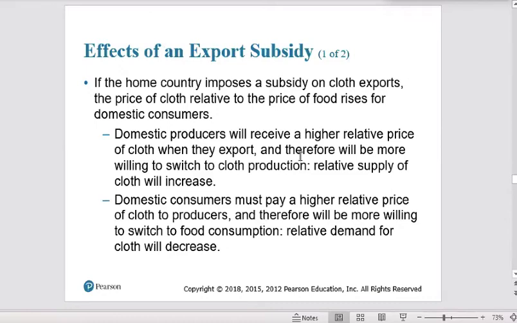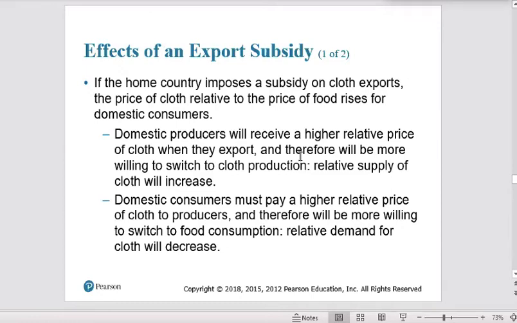If a Home country imposes a subsidy on clothes export, the price of clothes relative to the price of food rises for domestic consumers. So why is it so? Why does the Home government give subsidies to the exporter, and the exporter will charge more for the home market?